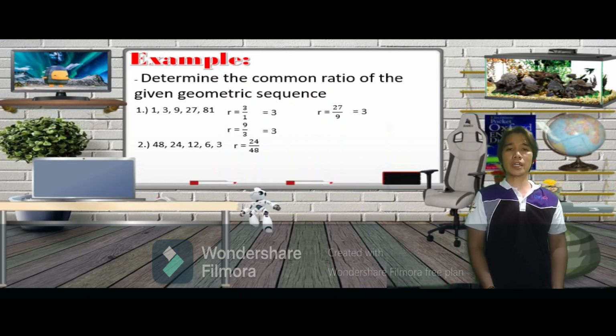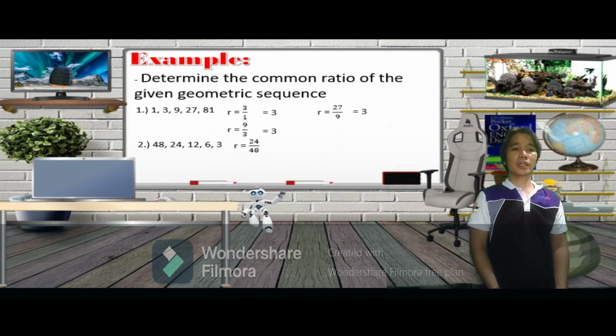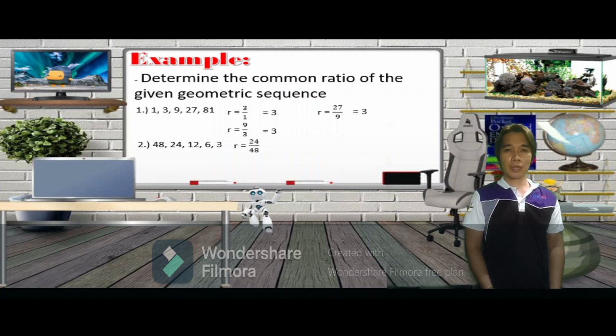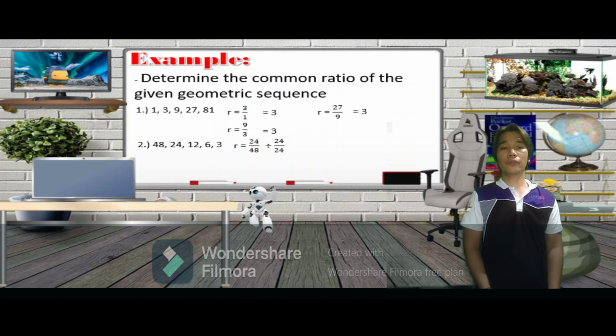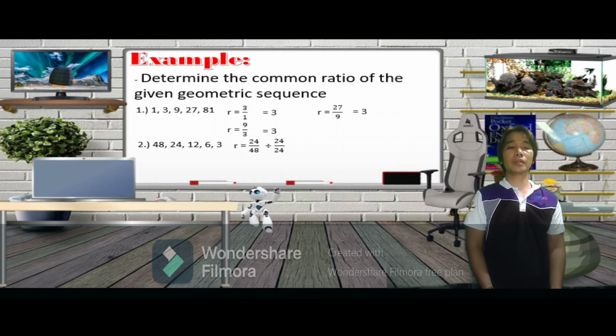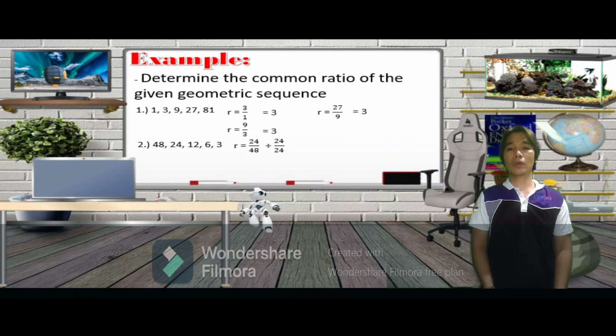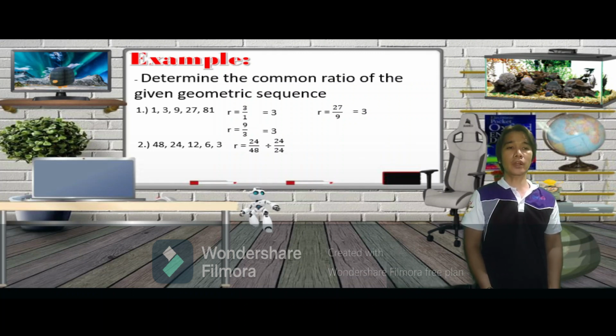What do you think is the number that can be divided in both numerator and denominator? 24 divided by 24 is 1. Then 48 divided by 24 is 2. Therefore, we have 1 half.